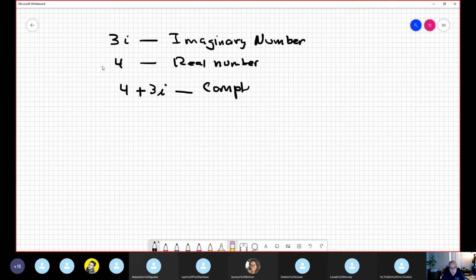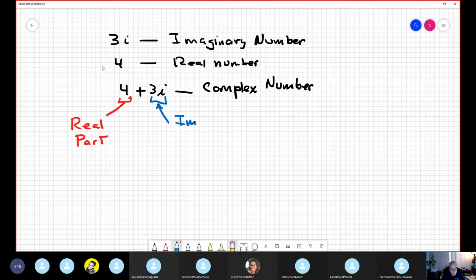A complex number is a combination of reals and imaginaries. So basically, in any complex number you see here a real part, and here the imaginary part.